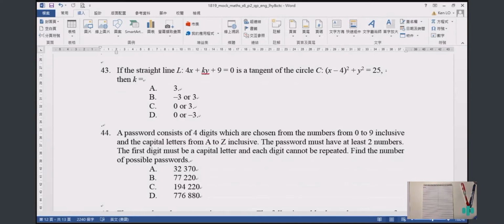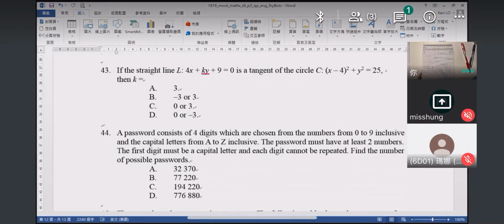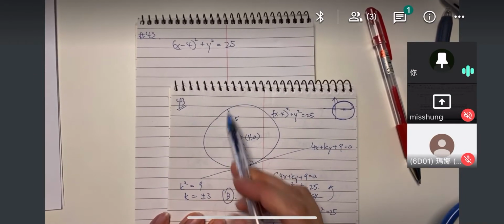There is a straight line, and it is a tangent of a circle. That means you have a circle (x minus 4) square plus y square equals 25. And since the straight line is a tangent of this circle, you have a circle like that.